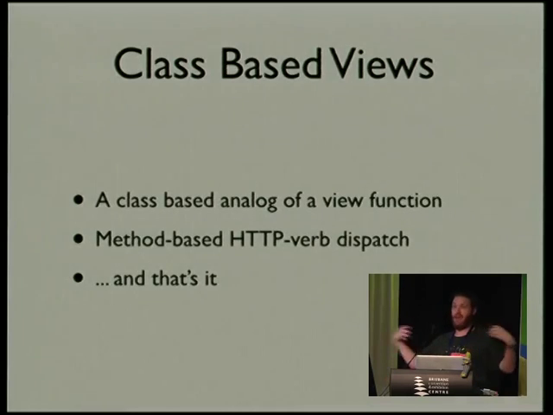It doesn't have any of the extra stuff about creates and updates and all the rest of it. It is purely method-based HTTP verb dispatch, by which I mean HTTP verbs are the gets, the posts, the puts, the deletes, the protocol level definitions of what HTTP does. Class-based views just provide a wrapped implementation of getting access to that.